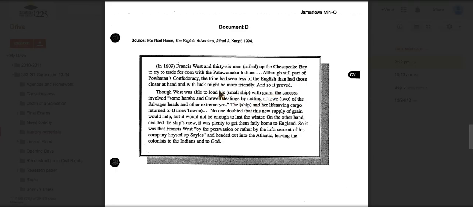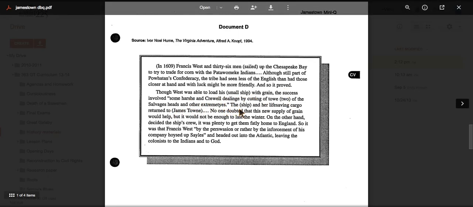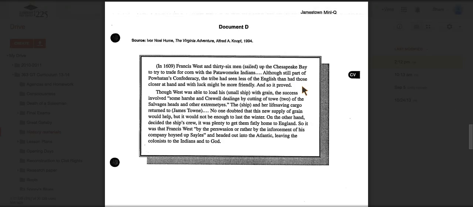It looks like he gave grain to West and his people. It does discuss the cutting of two of the savages' heads and other extremities. So there probably is some assumption in this document that the relationship between the Jamestown settlers and the Native Americans was not always good. So reminding myself, why did so many colonists at Jamestown die, I might say maybe they had issues with Native Americans.